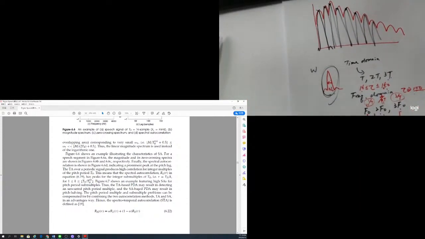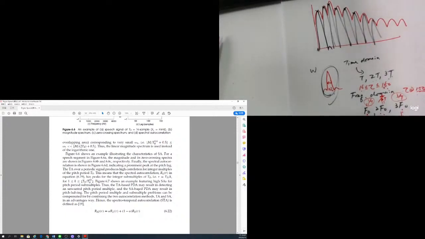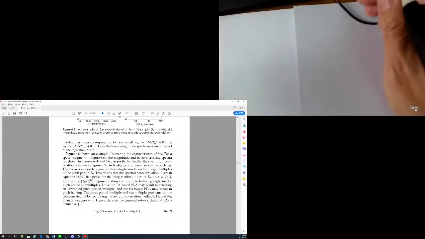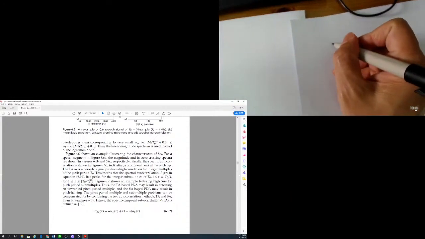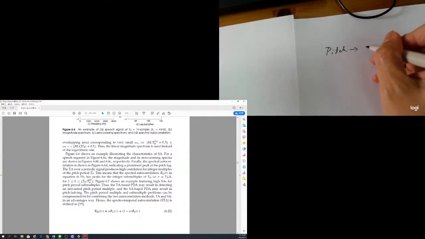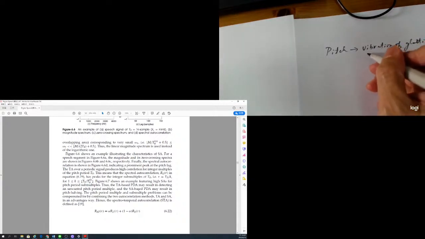So here you have to remember what the pitch is. Pitch indicates the frequency of your glottis vibration. So the pitch is related to the vibration of your glottis.